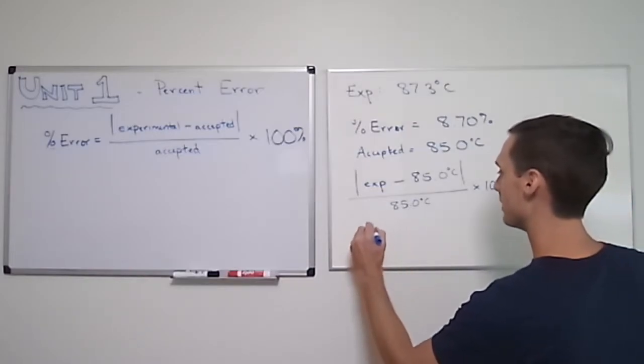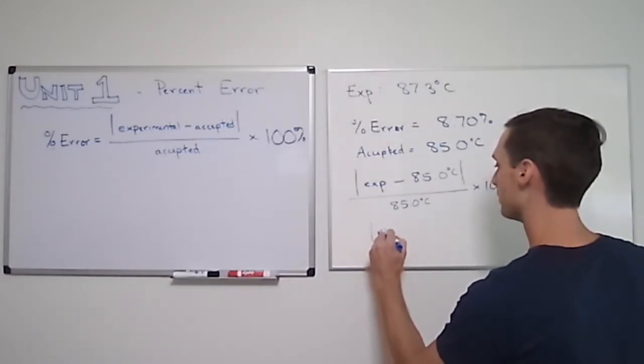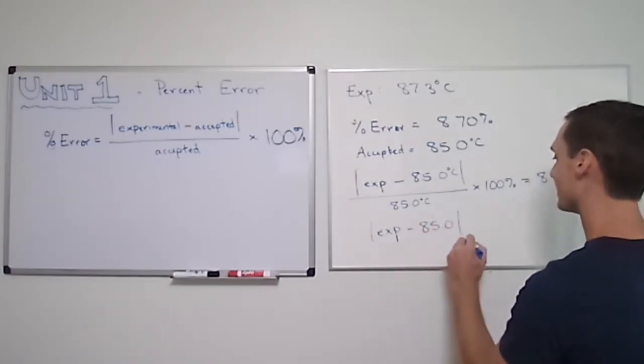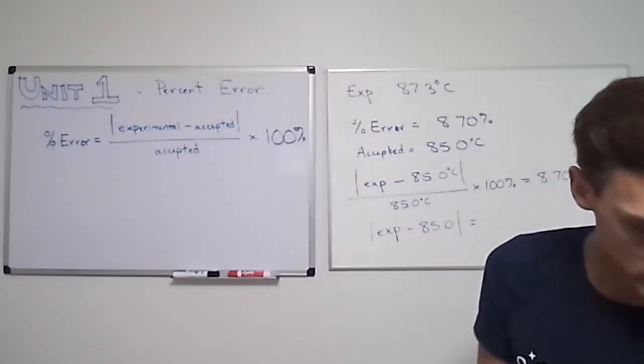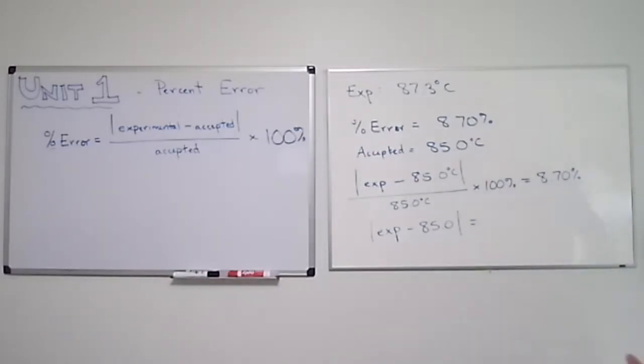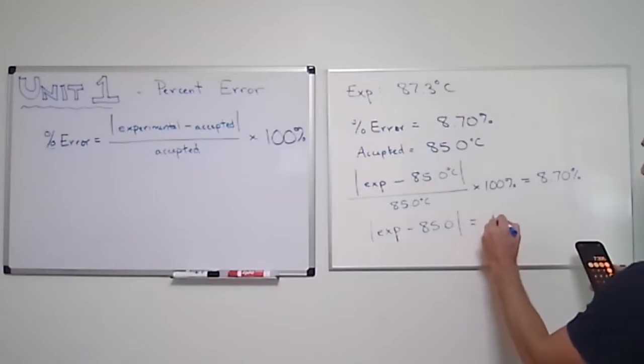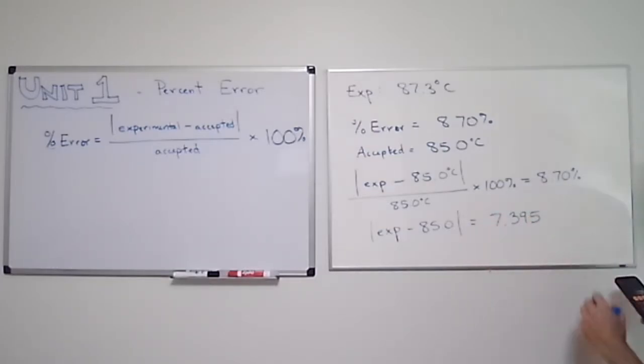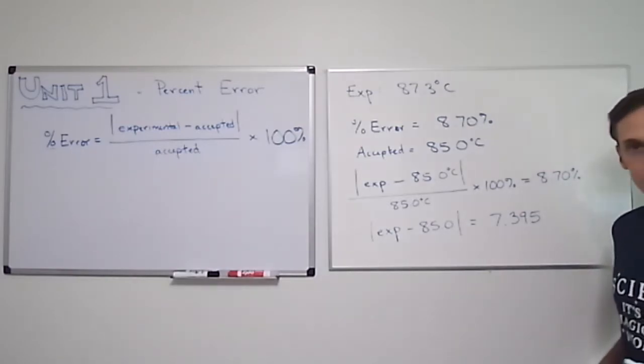And so we will end up having the absolute value of the experimental minus 85.0 equals, let's get our calculator, and we get 7.395.